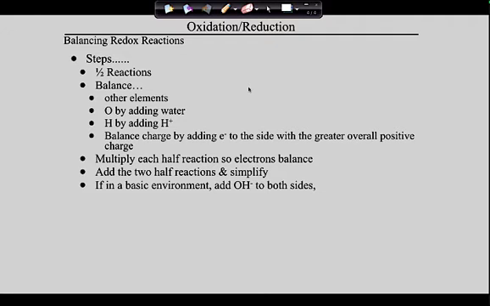They don't care on the AP test. In college, half my professors did care, half didn't. So there is a difference: if you go 2 plus, that's a charge. If you go plus 2, it's an oxidation number. But you don't need to worry about it for AP.